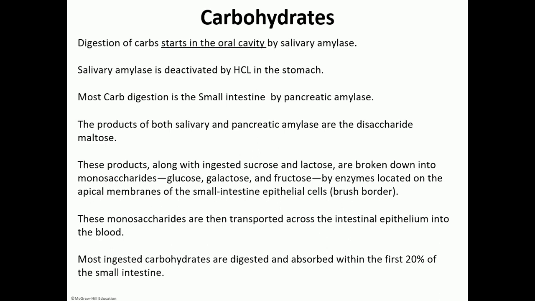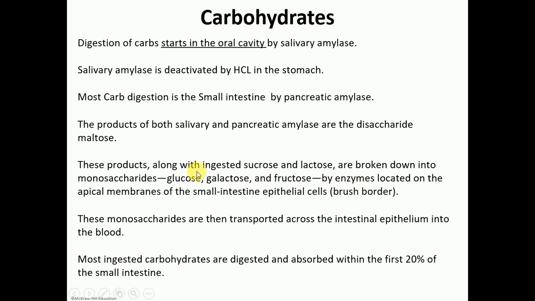So we have to break down these three disaccharides, namely maltose, sucrose, and lactose, into their monomers, monosaccharides, and that happens by the enzymes found in the small intestine, known as the brush border.